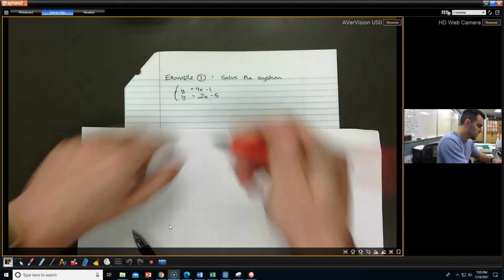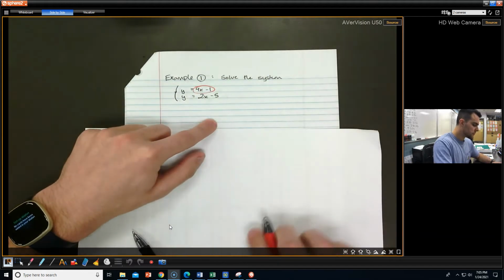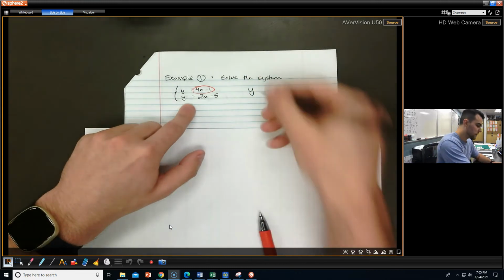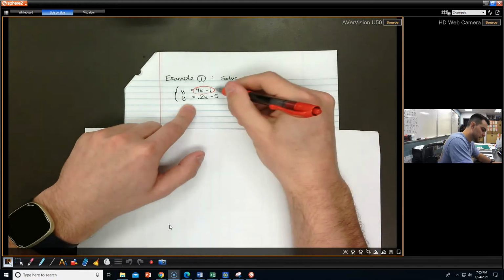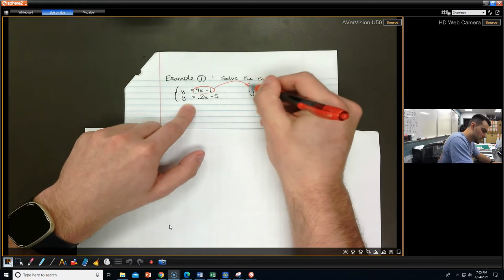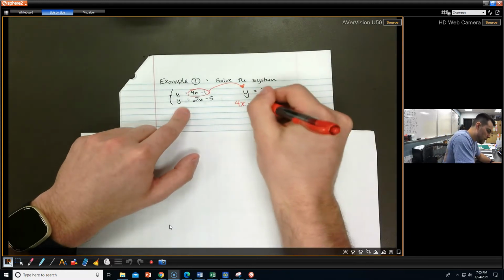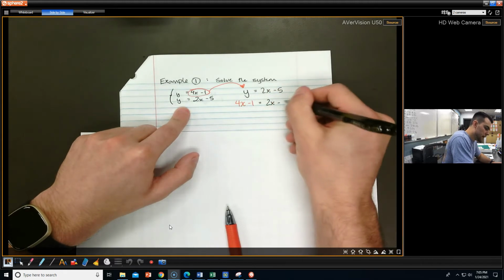So I'm going to take this y right here, this 4x minus 1, and plug it in for the y in the second equation. So this guy is going to go in for y right there, and we end up with 4x minus 1 is equal to 2x minus 5.